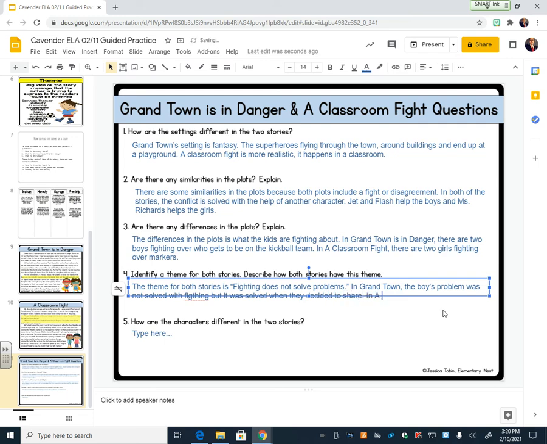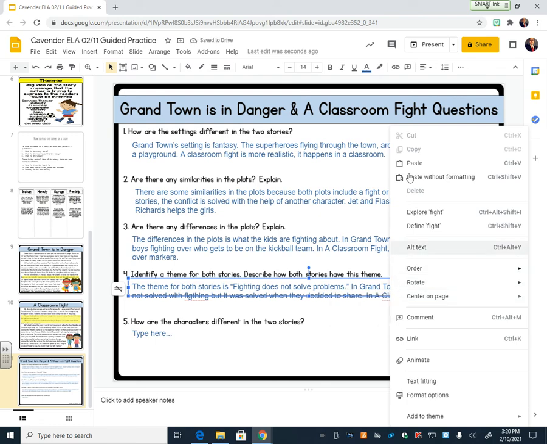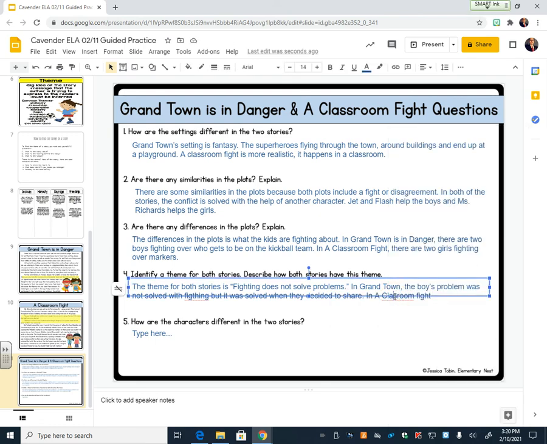In A Classroom Fight, their problem was not solved with fighting, but was solved when Madeline decided to let everyone write on the poster.